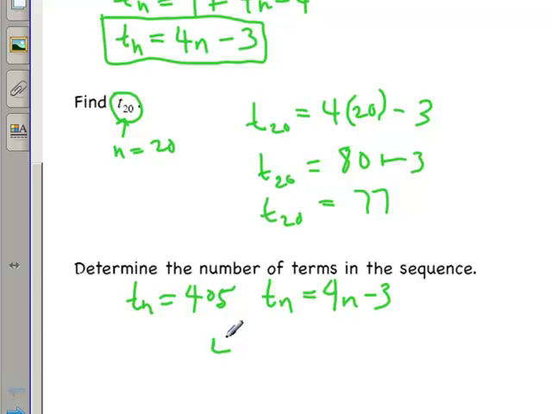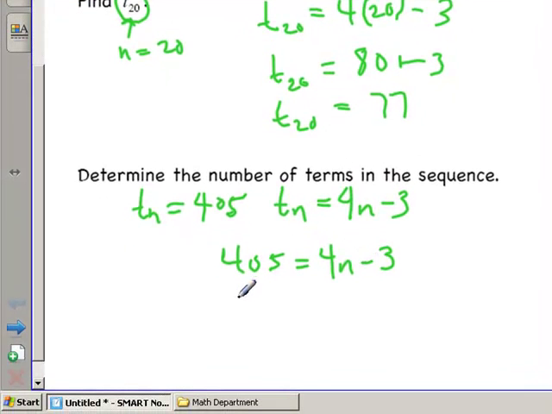So 405 will equal 4n minus 3, and we're just looking to isolate the n, isolate the variable here, so we're going to take the minus 3 and move it over to the other side.